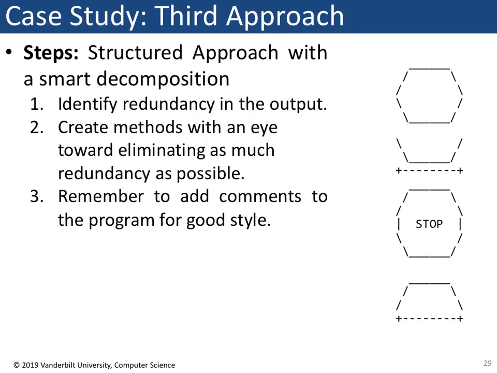So this time, our third approach to decomposing this problem, when we identify structure in the output, we're specifically going to be looking for redundancy. We want to eliminate any redundancy in the output. So we're going to prefer to create methods that eliminate repeating ourselves. And we're going to make sure this time we add comments so that we have good style in our program.